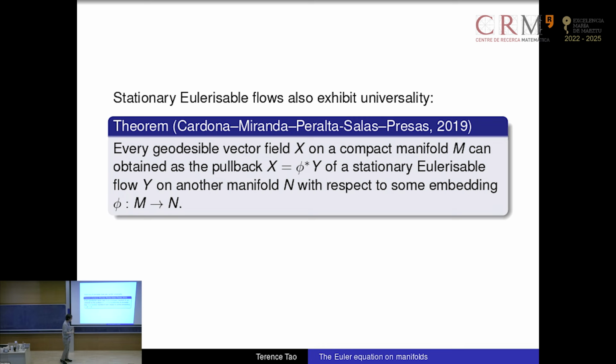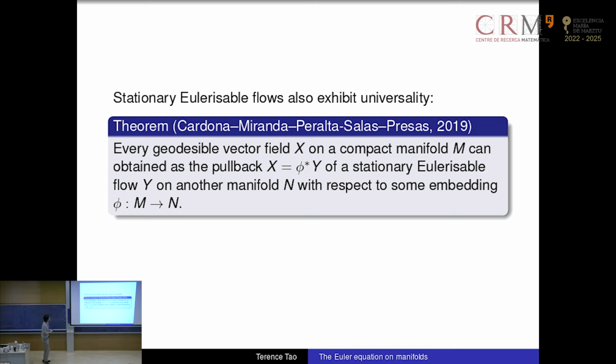And there's a lot of steady state Euler flows. They're also in some sense universal, in the type of behavior of a flow that shows up.